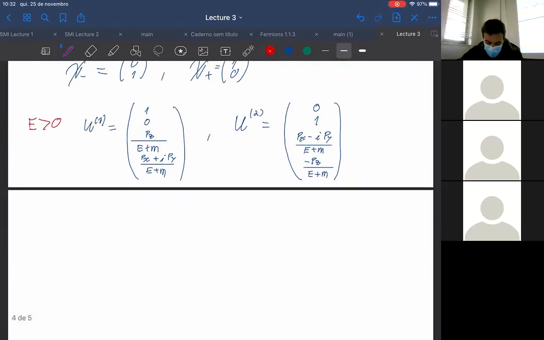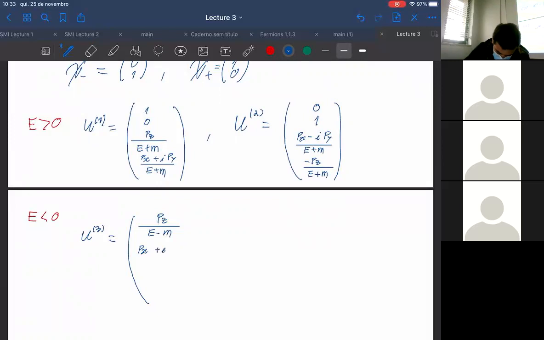Now for the negative energy solutions, we can write u3 equal. The upper components are going to have these p's: pz over E minus m, then px plus i py over E minus m, and 1, 0.